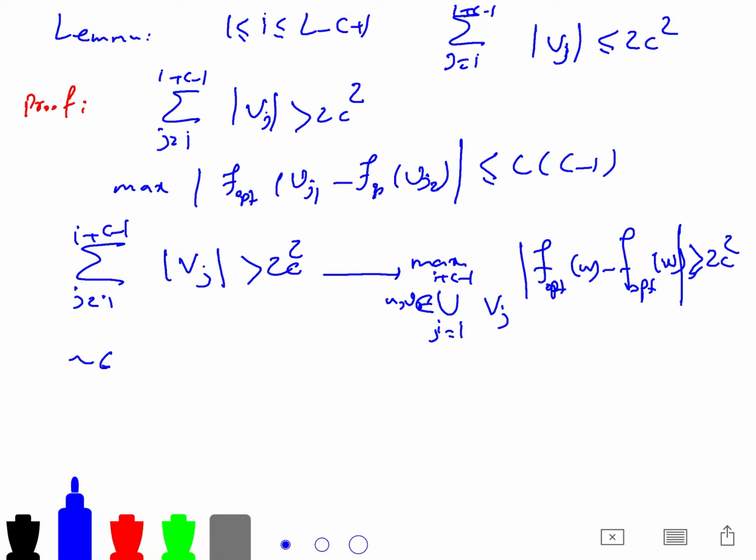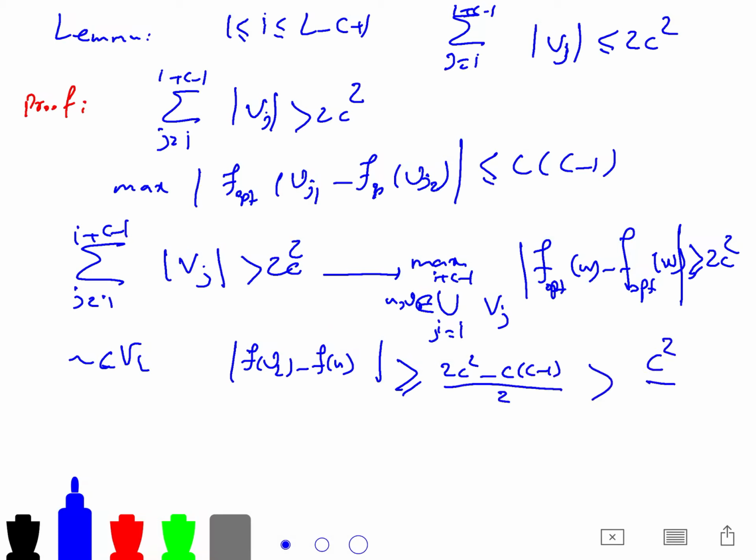And then it follows that there exists u in VL for some L, such that the difference between them, f of VL minus f of u, is greater than or equal to 2c squared minus c, which is greater than c squared over 2.